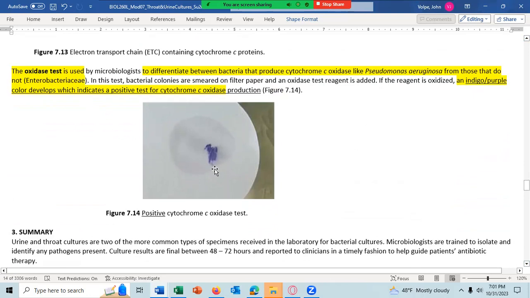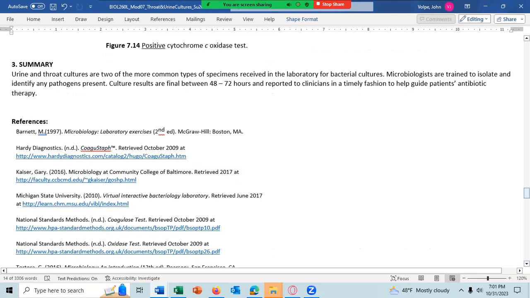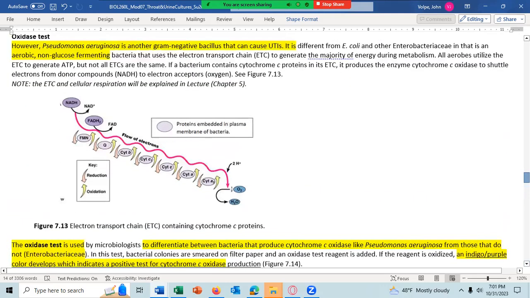If the oxidase test is positive, it'll show blue like that or violet, and that would be oxidase positive. The oxidase negative would be where the area does not turn blue or purple. All right, any question about any of these tests?